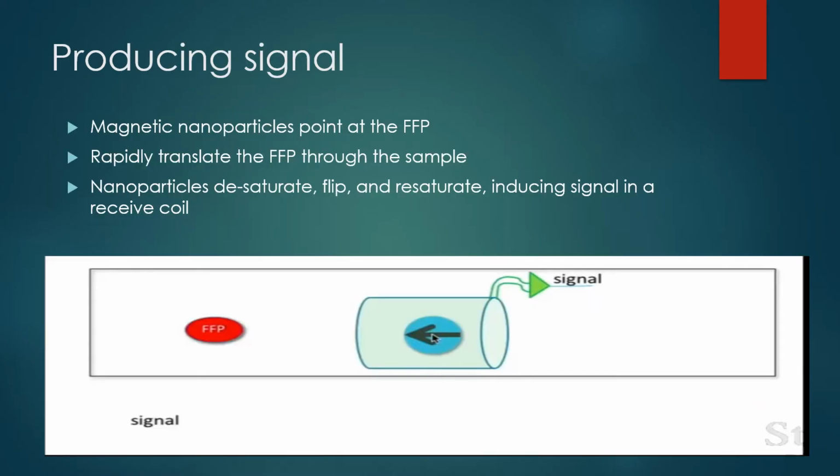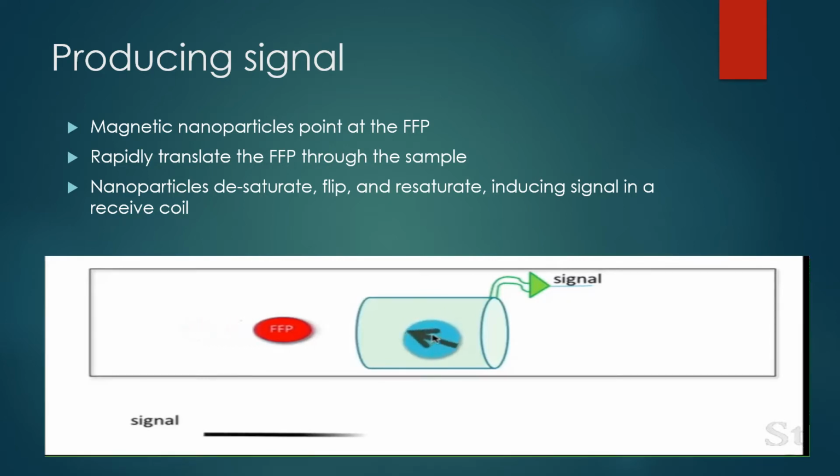And now we demonstrate how the signal is produced when the field free point and the nanoparticles are interacting with each other. At first the nanoparticles are saturated, and then when the field free point crosses them, they flip and produce a signal, and then they are resaturated.